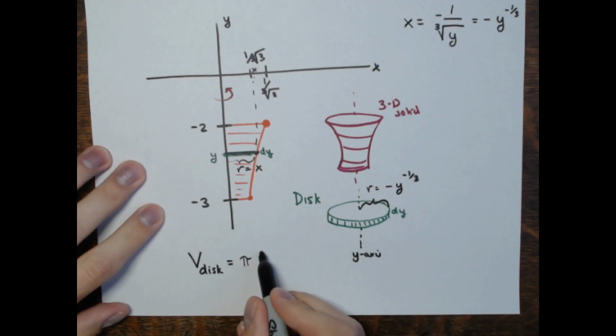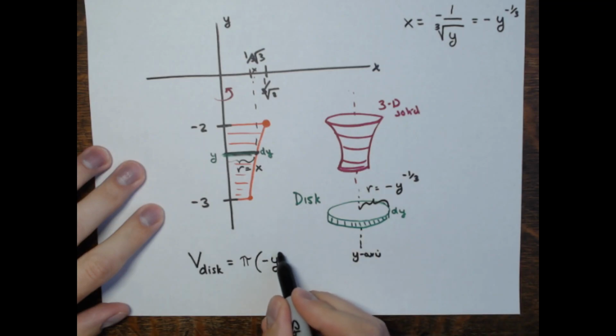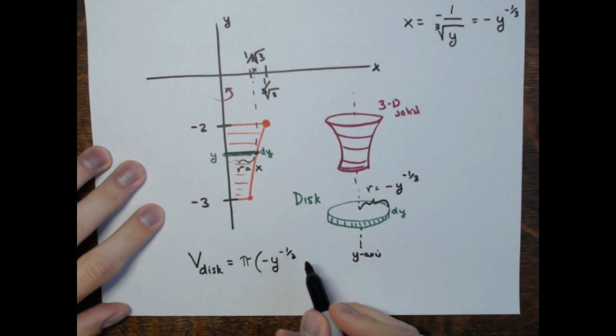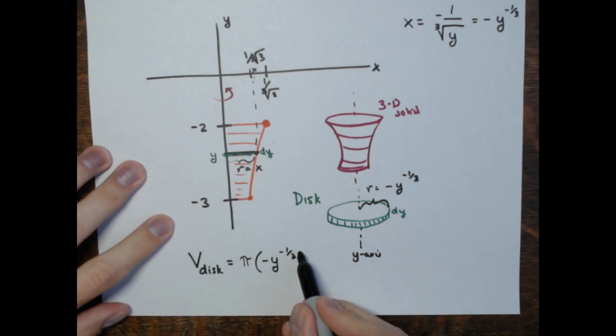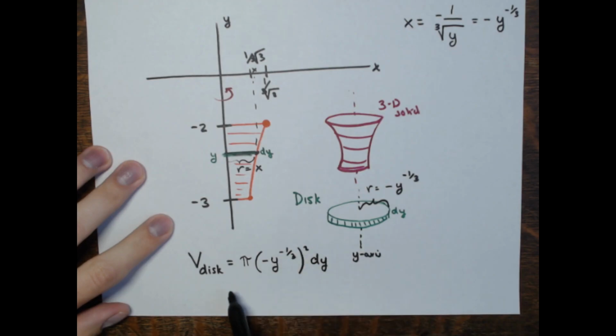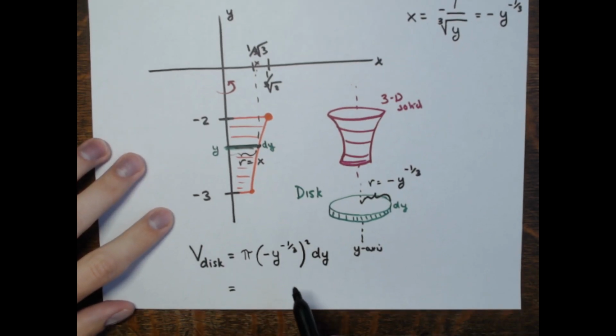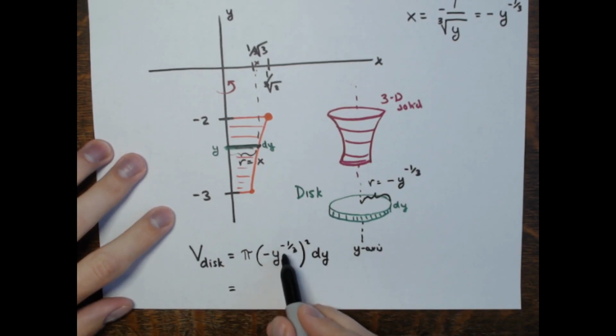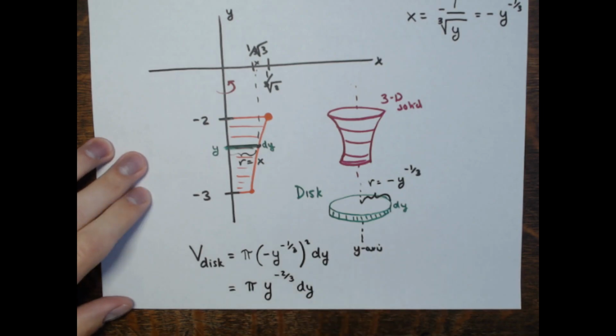So pi times our radius, this negative y to the negative 1/3, squared, right? Radius squared, then times the thickness, which is dy. And if I simplify this a bit, when we square this, it'll be positive y to the negative 2/3, right? So it's pi times y to the negative 2/3 times dy.